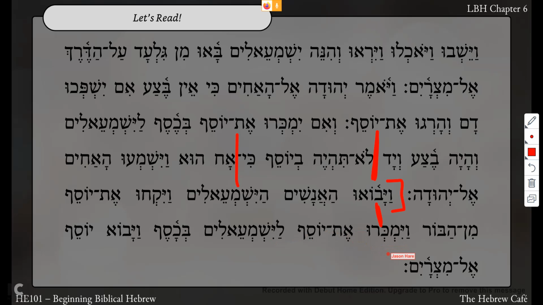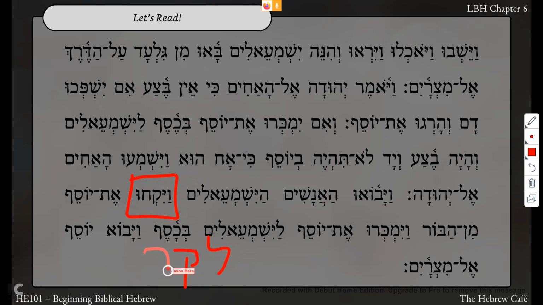Vayikru. Okay, that one right there is Vayikechu. Yosef. Min habor. Excellent. This word here, Vayikechu, is from lakach.